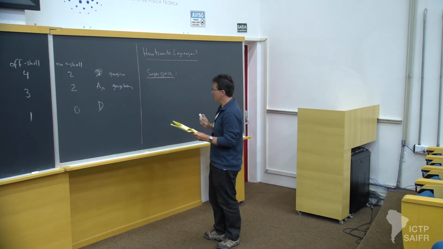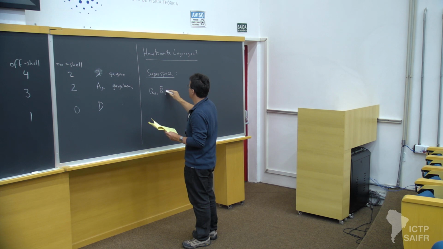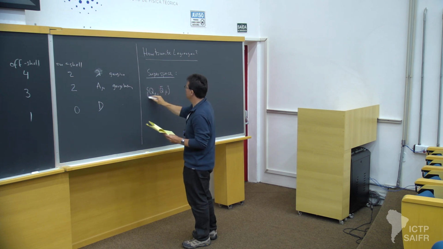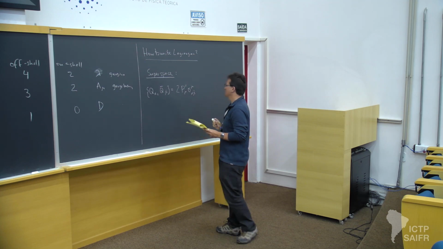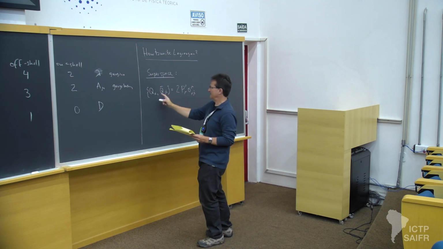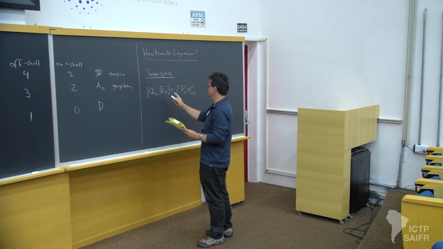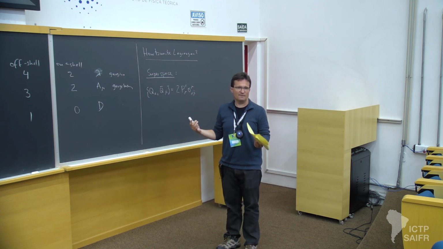If you remember yesterday, we had this algebra: Q alpha, Q bar beta dot, is equal to something like 2 p mu sigma mu alpha beta dot. So you can see that the supersymmetry transformations are essentially fermionic versions of some form of translation.